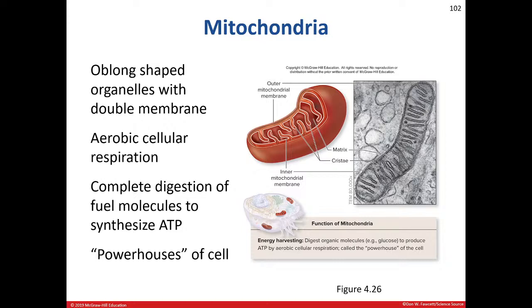So we can just keep getting energy out of fuel, storing it in ATP in the short term, and then we send ATP out to do work in the cell. Now, when we say fuel molecules here, we could be talking about the byproducts of glycolysis, the byproducts of sugar breakdown, which would be the pyruvate.